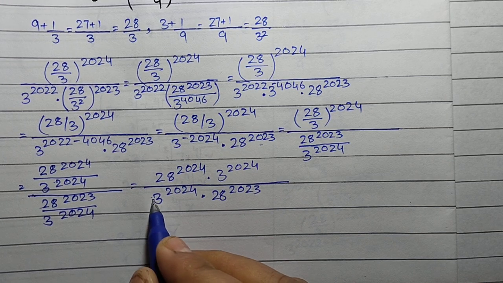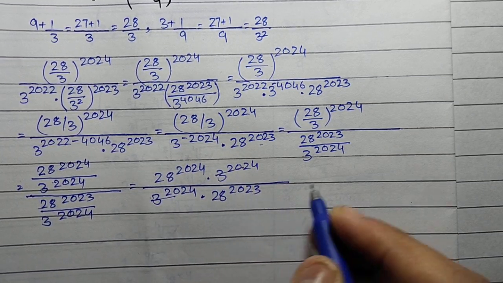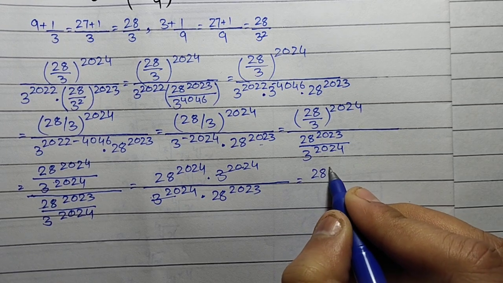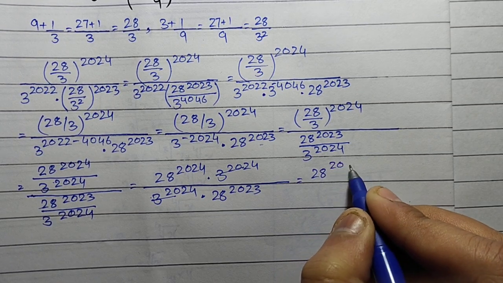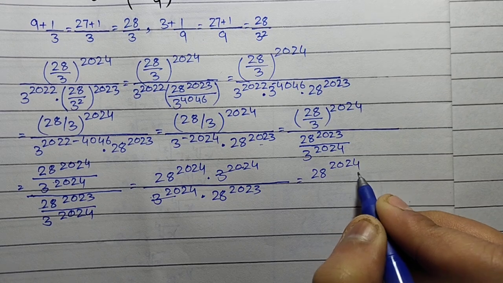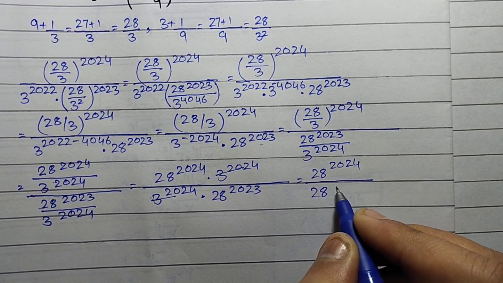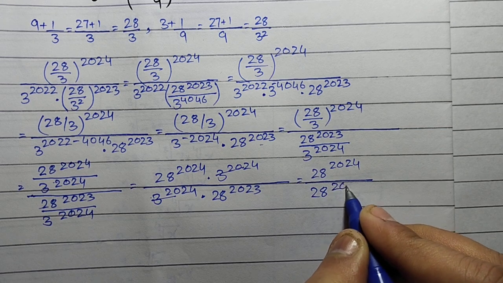Now this will be cancelled with this and the remaining will be 28 raised to power 2024 over 28 raised to power 2023.